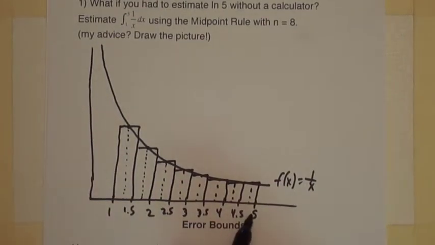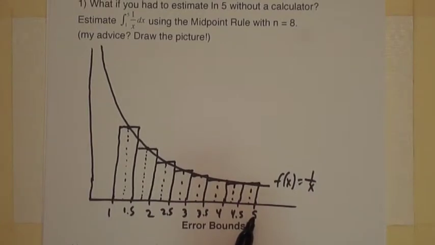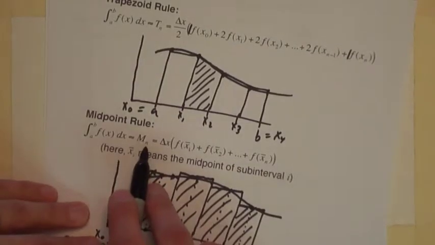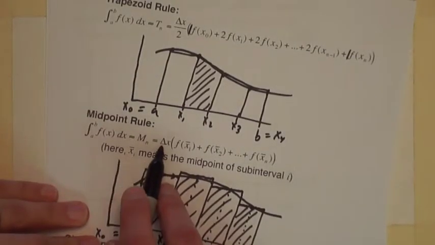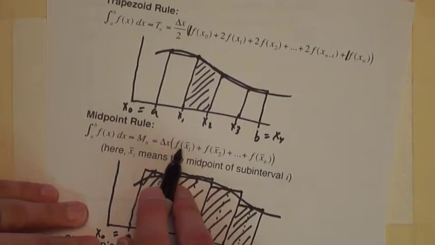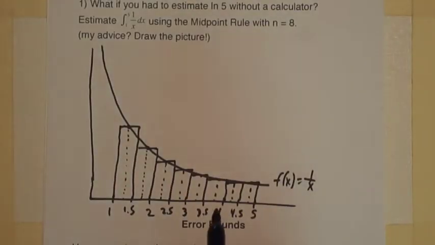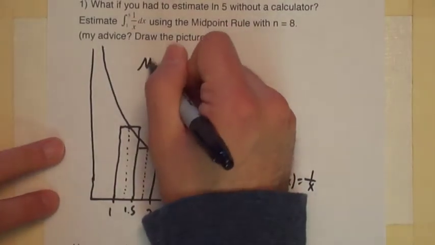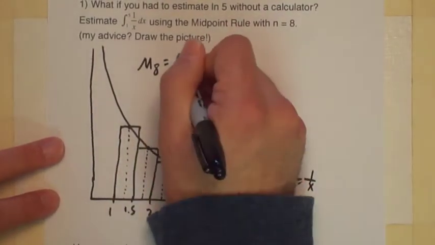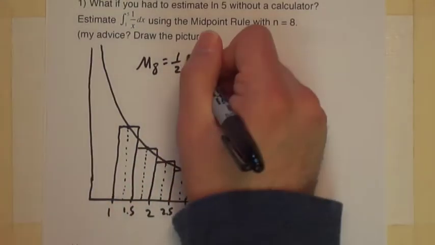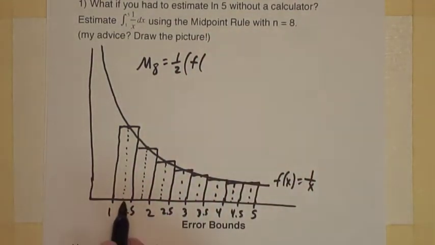Now we can jump to the formula. And the formula on the previous page says, if I can find it here, M with 8 rectangles is delta x times f of x1, x2, all the midpoints of these intervals. So let's do that. M8 is delta x, which in this picture you can clearly see is a half, times f of the midpoints.